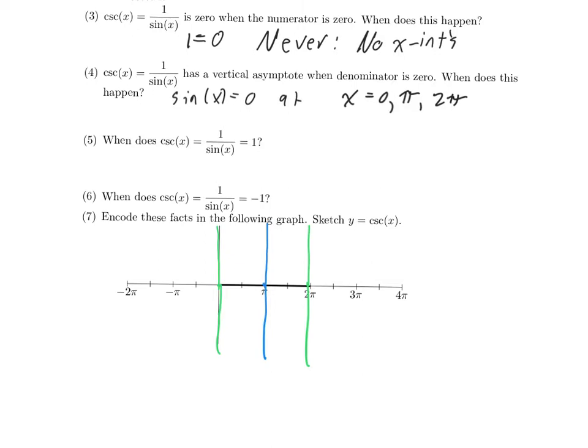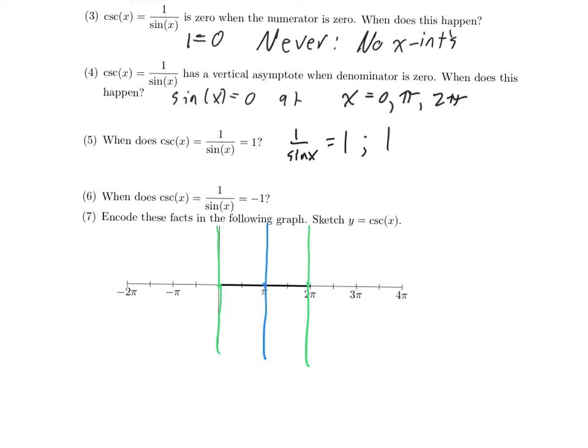Just like caring about when secant is 1, we'll care about when cosecant is 1, because those will give those valleys and peaks for cosecant. So when is cosecant equal to 1? Well, we need to solve 1 over sine x equals 1.